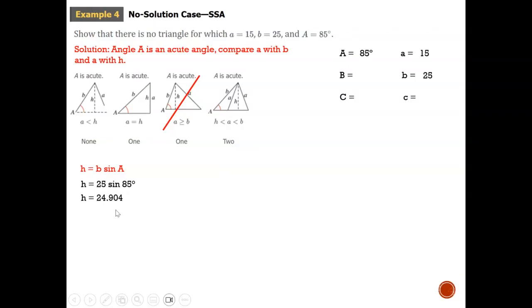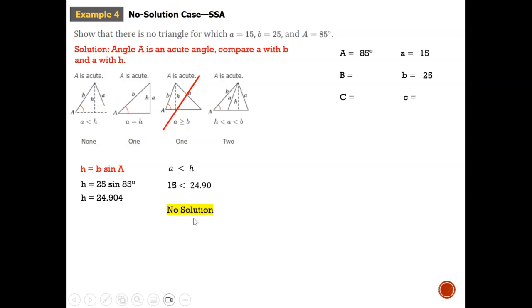H equals 24.904. So we know that it cannot be that one, right? If you notice, A is 15 and H is 24.904, which means it's going to be the first one. No solution, because A is smaller than H. So for this one, no solution.